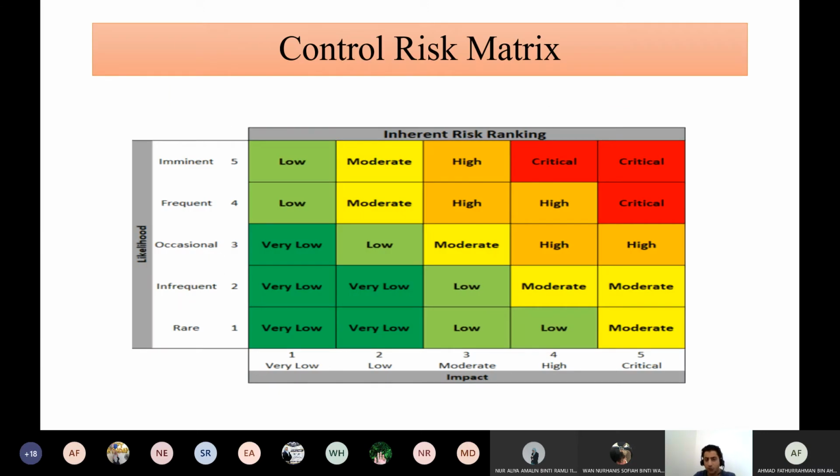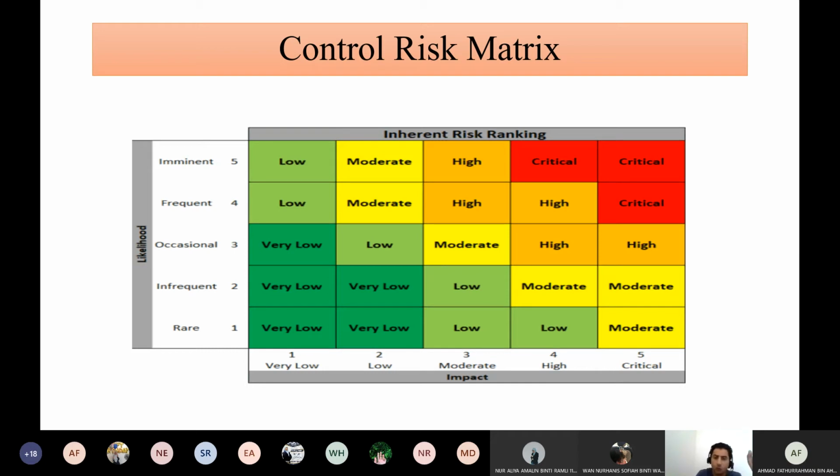So this is a kind of matrix. The matrix is built on two components. One is likelihood, the occurrence or frequency of this risk happening, and the next is the impact, how significant this impact is. If it rarely happens and has very low impact, then the risk is very low.